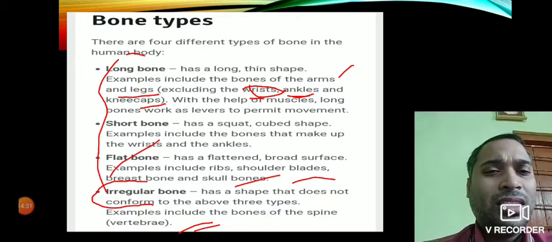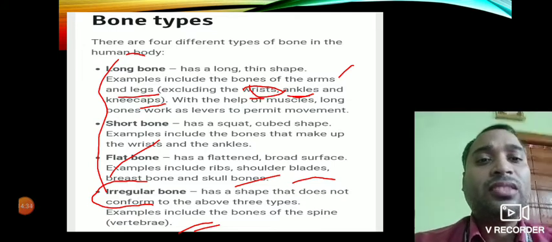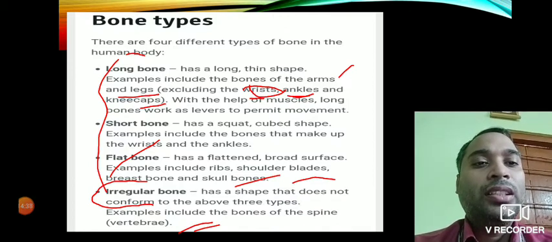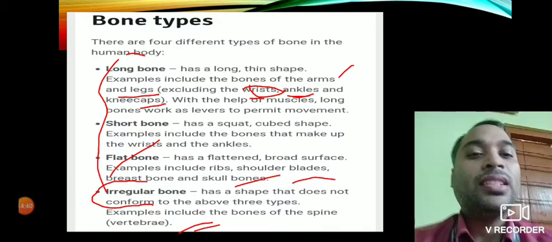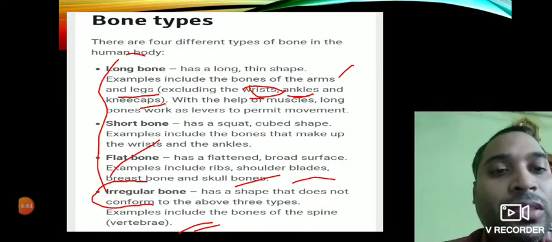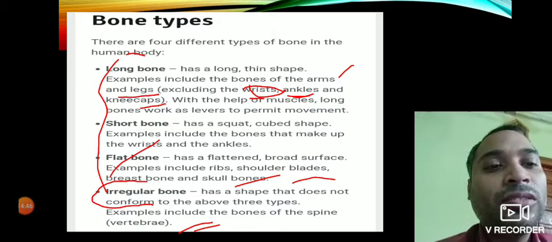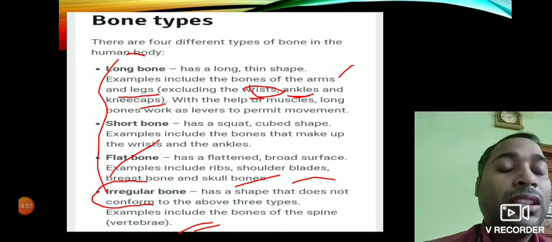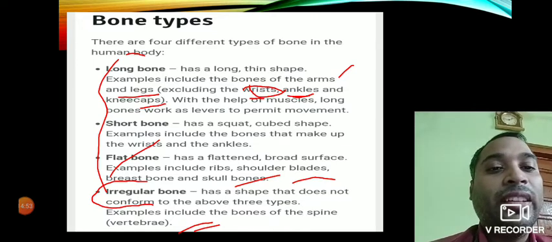And you also have to remember examples, such as long bones in the arms and legs; short bones are cube shaped and present in the wrists and ankles. Then flat bones, which are part of the skull, like the cranium, a flat bone that helps to protect our brain.